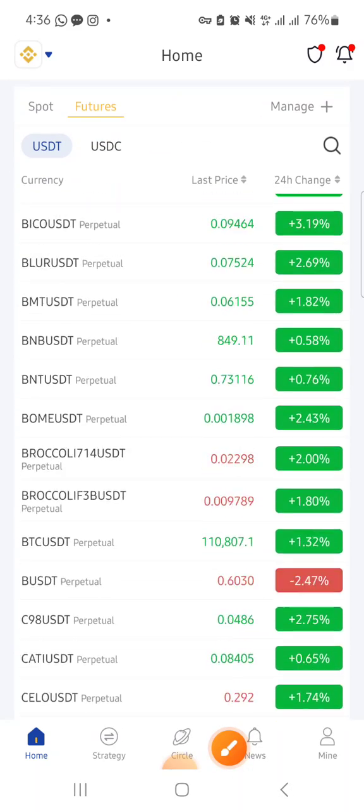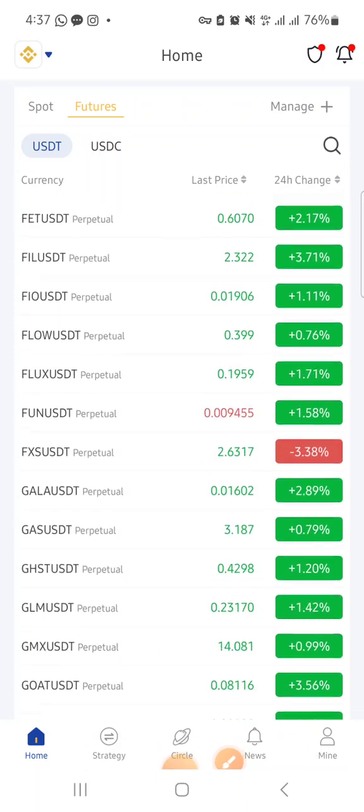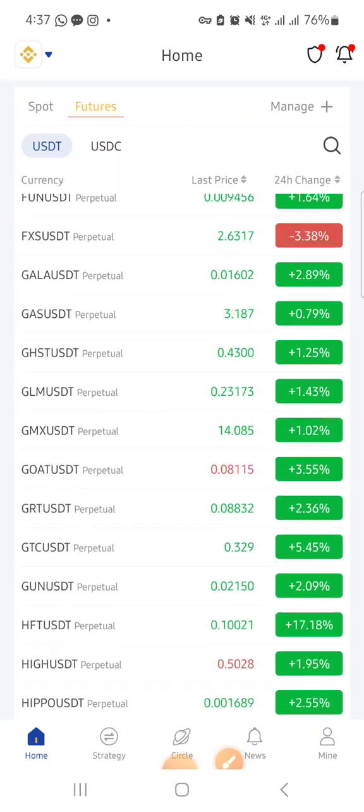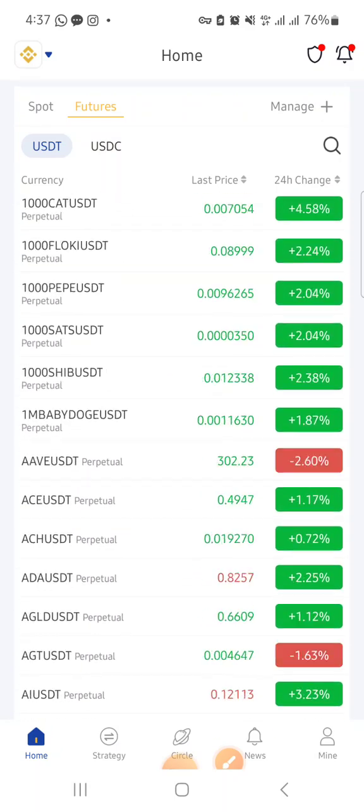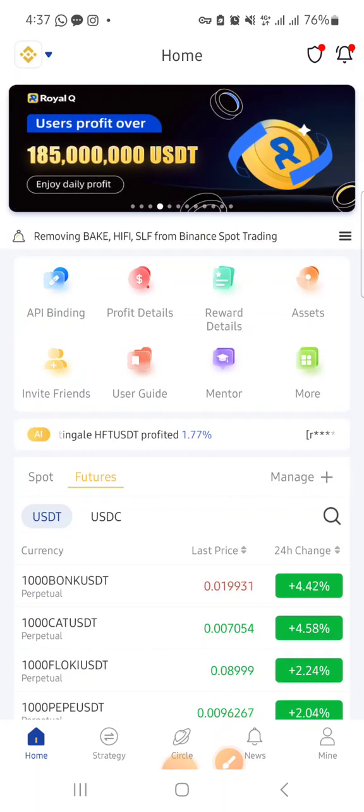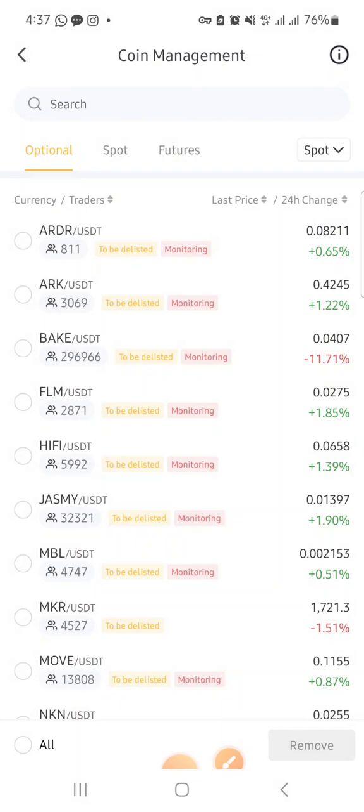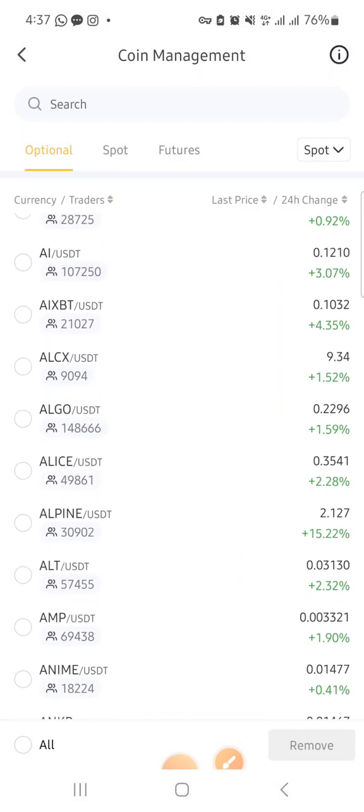When you scroll down to add to this account, most likely we would have added all the coins. But if you don't have the coins added, you click on the plus, okay? And then you scroll all the way down.